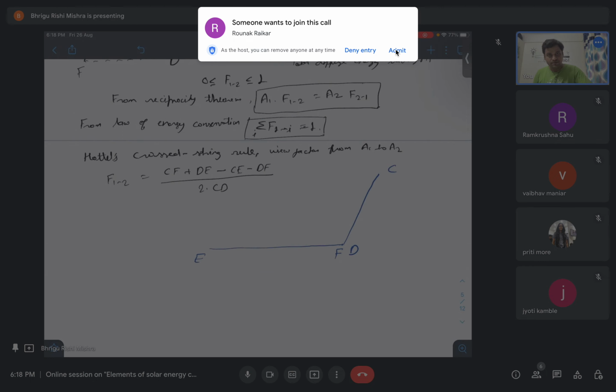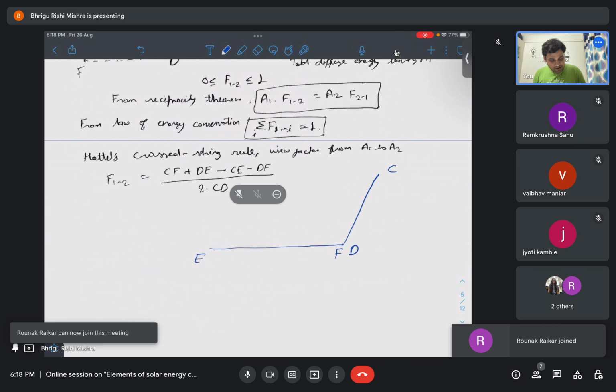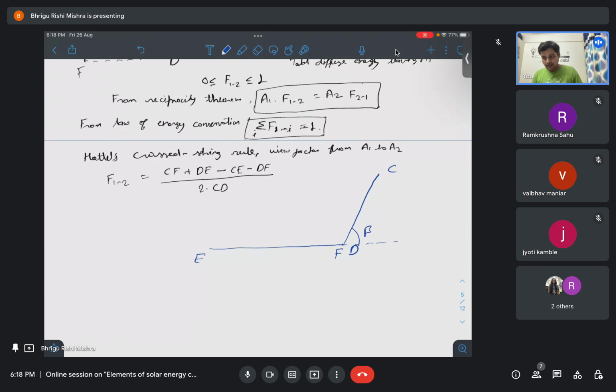And this collector is making an angle with the ground, beta. This is the tilt angle. So this is the collector and this is the ground, and the assumption is that the collector and ground have infinite length.